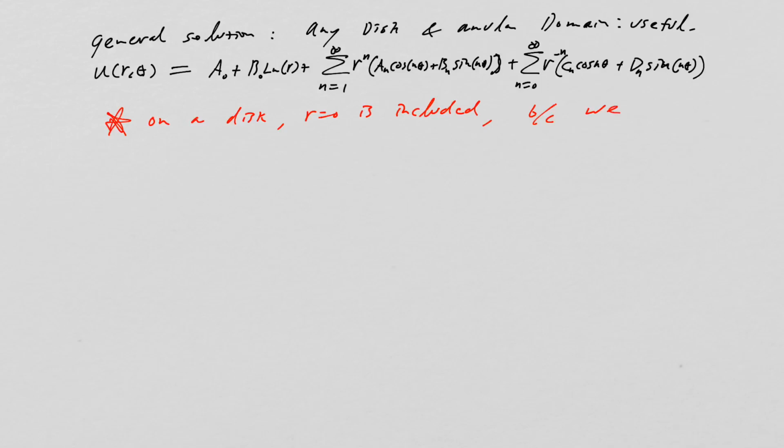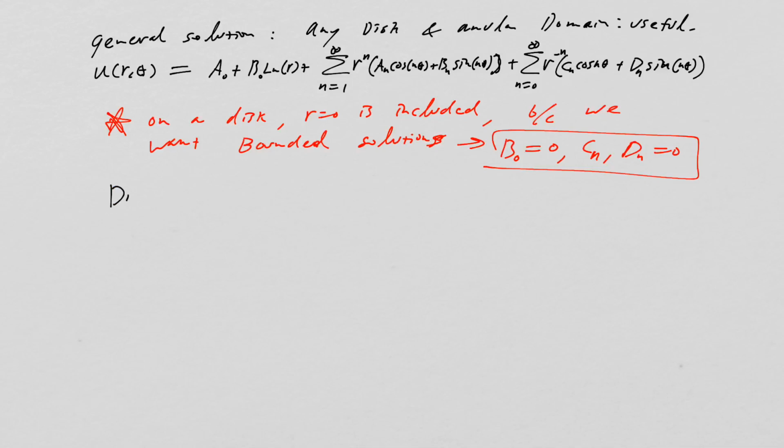Because we want bounded solutions, we want the function to exist everywhere on the set. Otherwise, you can't take derivatives at certain points and things like that. We need bounded solutions. Therefore, it must be that b0 is equal to 0 because natural log is not defined. And it must also be true that all the negative r exponents, cn and dn, are all 0 as well. So on a disk domain, we have the following.